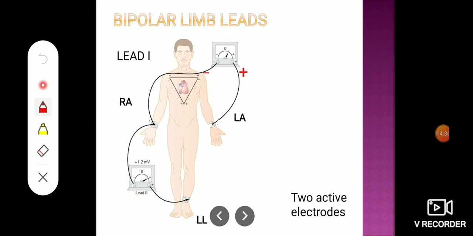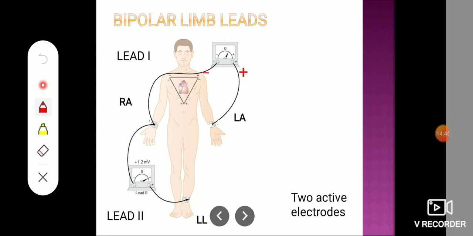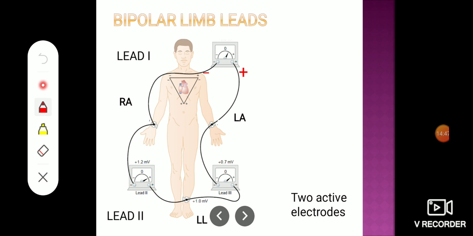The second one is right arm with the left leg, lead 2. And lastly this combination, left arm and left leg. Now you can see that when these two are connected, the direction of electrical current is along this.